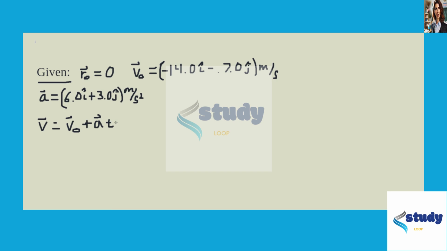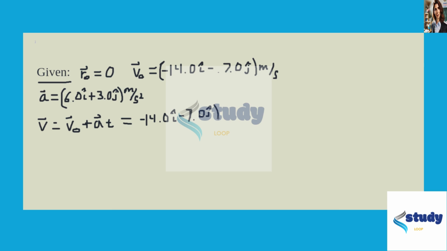Well, this is equal to v naught, which is minus 14.0 i hat minus 7.0 j hat.